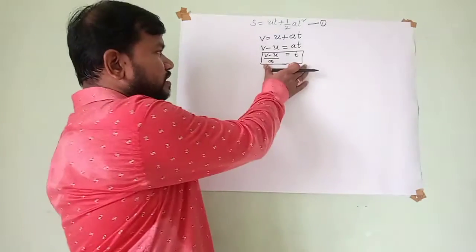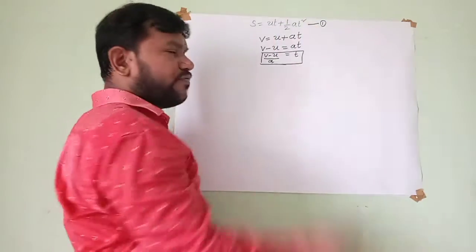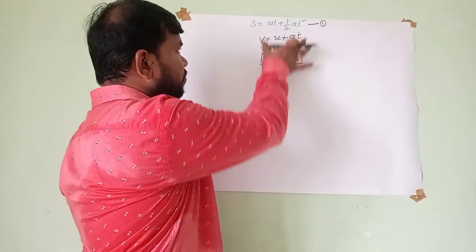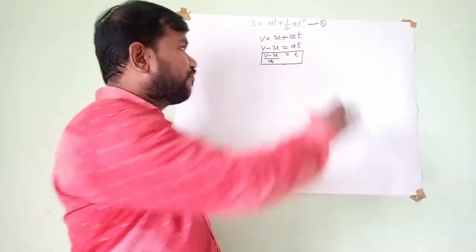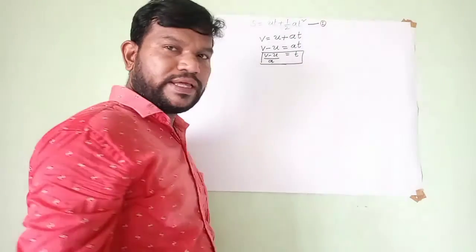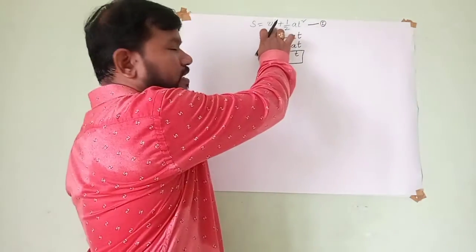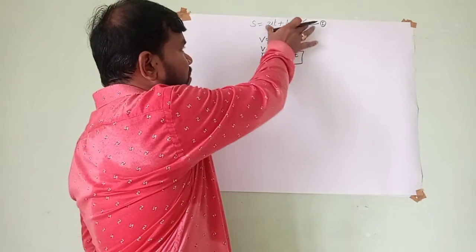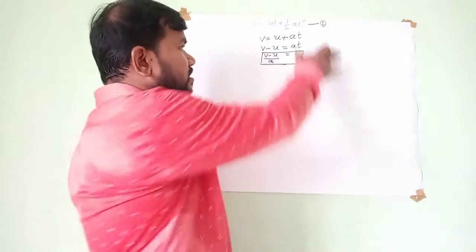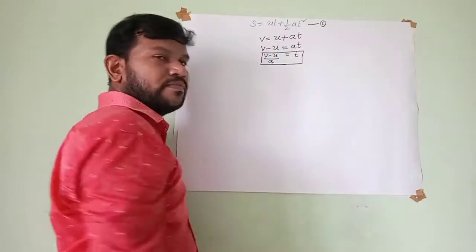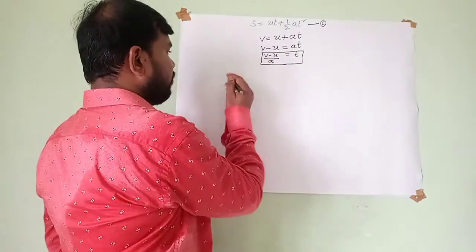Students, now this t value we substitute in the second equation. Remember, the t value we have to substitute in this equation. Here time is there and here also t square, so this t value we are substituting. So substituting the t value, we will see what we will get.